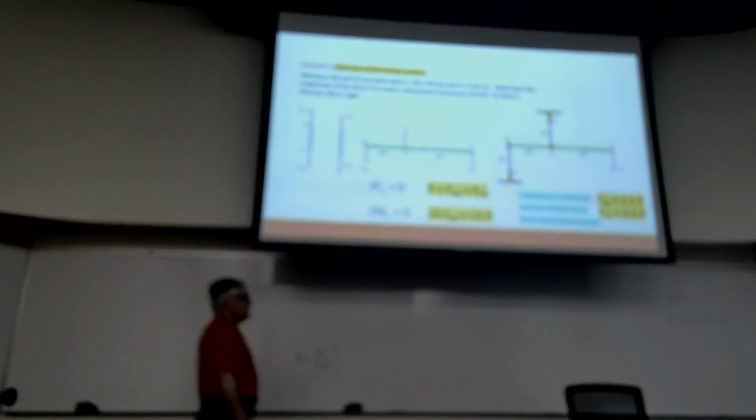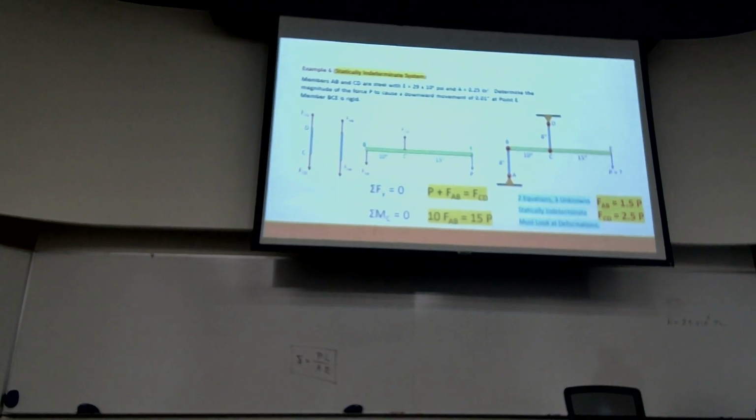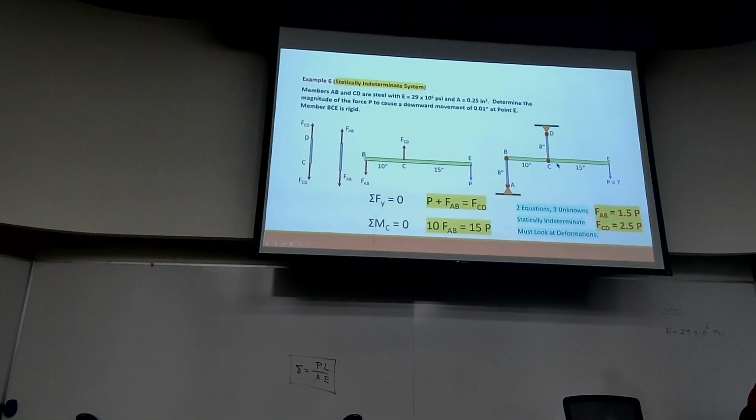Next example, in which we have the green member assumed to be rigid. And then we have two vertical members, AB and CD.